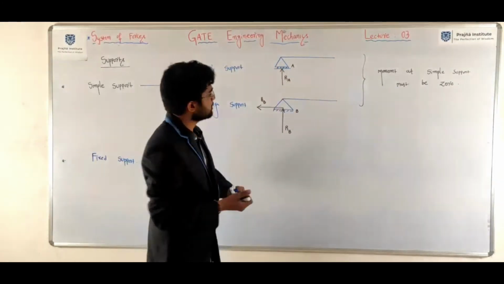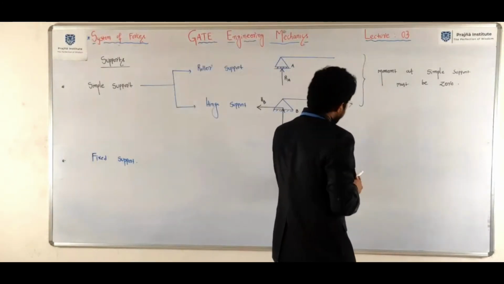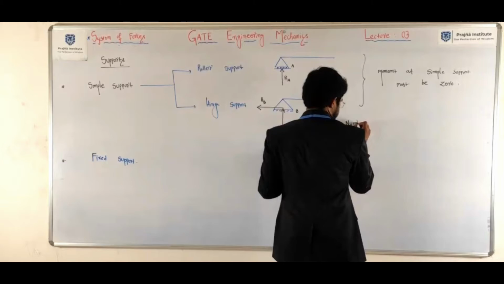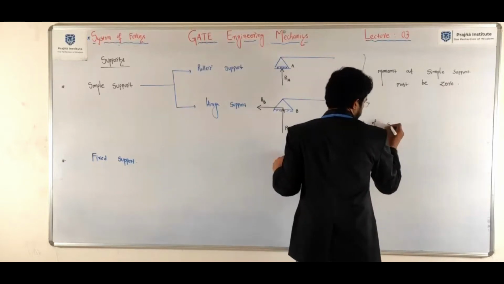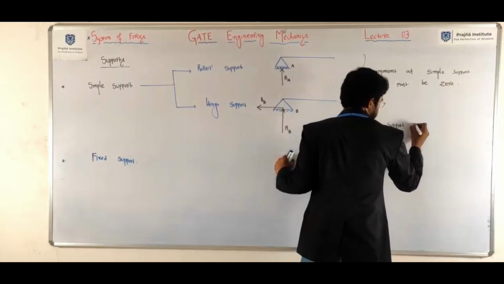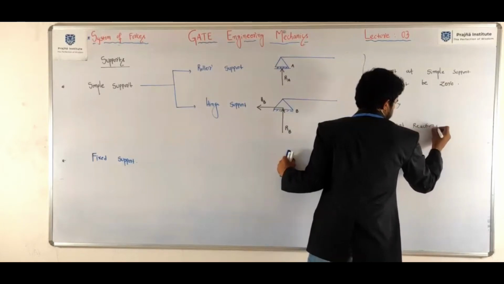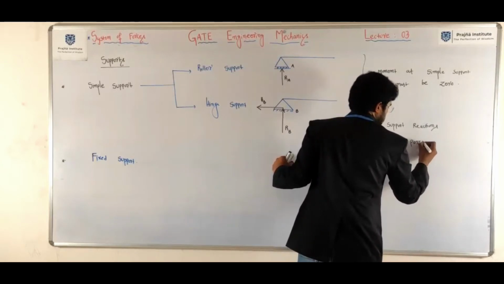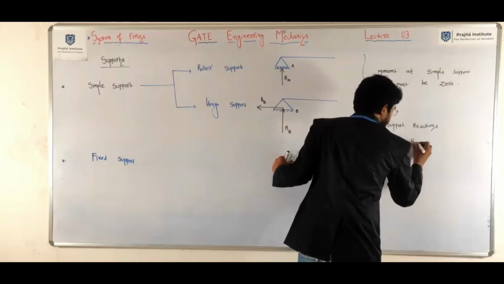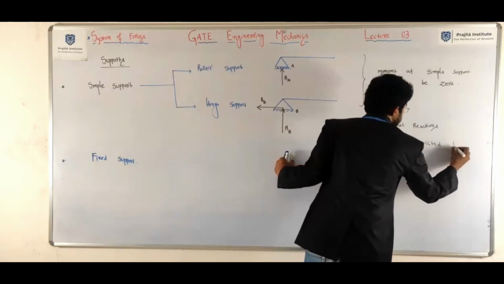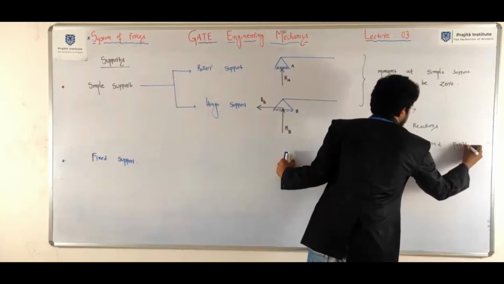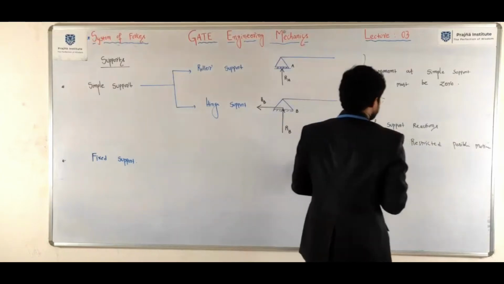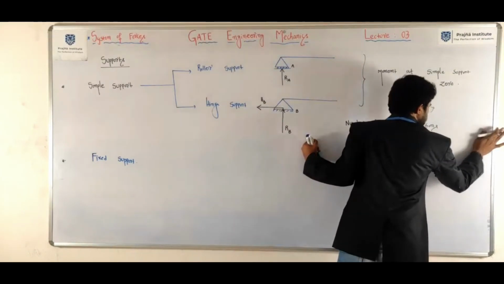We have one logic. Number of support reactions equals the number of possible restricted motions.